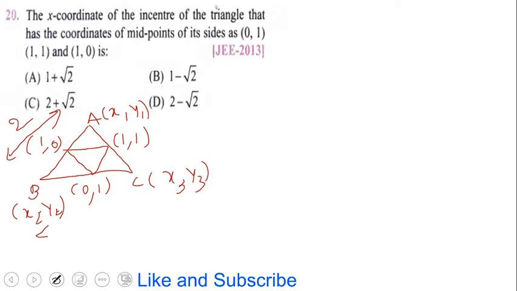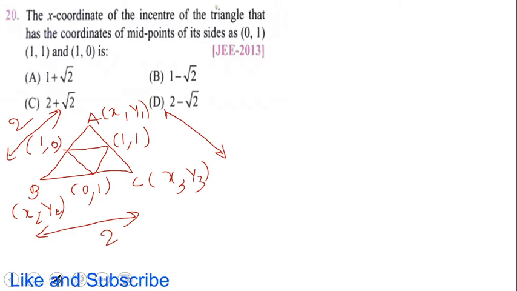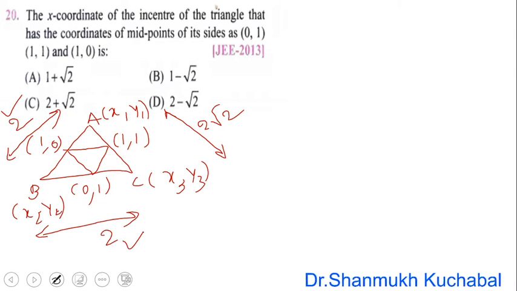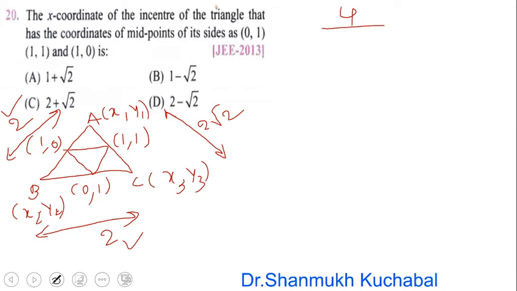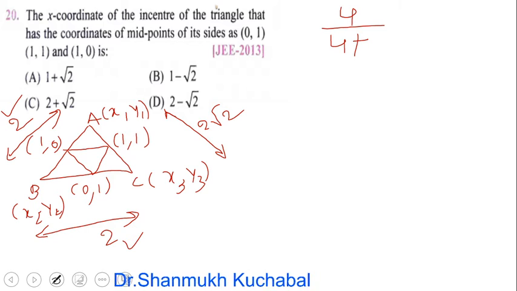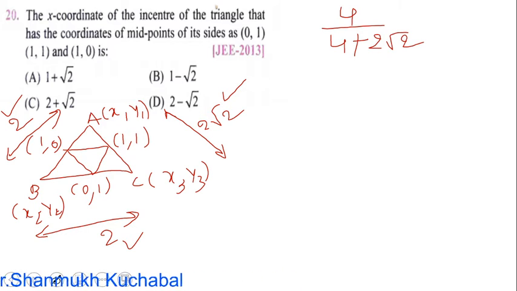So this length will be 2 and this length will be 2 root 2 here. So then the x coordinate we have to calculate. So here it is 2 plus 2, addition will be 4, and whole divided by that addition 4 plus the third side, we are going to get 2 root 2.